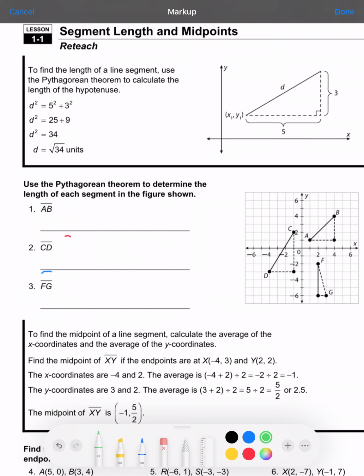To find the midpoint of a line segment, calculate the average of the x coordinates and the average of the y coordinates. To find the x coordinate, you add the x's and divide by 2, and to find the y coordinate of the midpoint, you add the y's and divide by 2. Now here, if you have these 2 points, (-4, 3) and (2, 2).